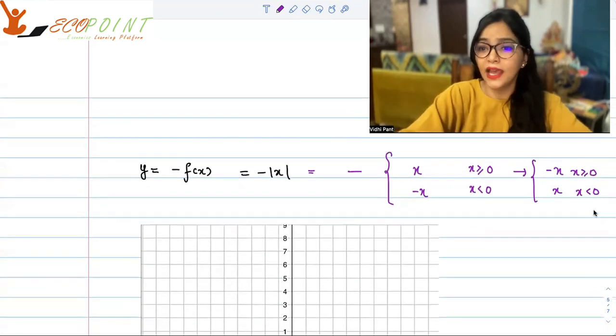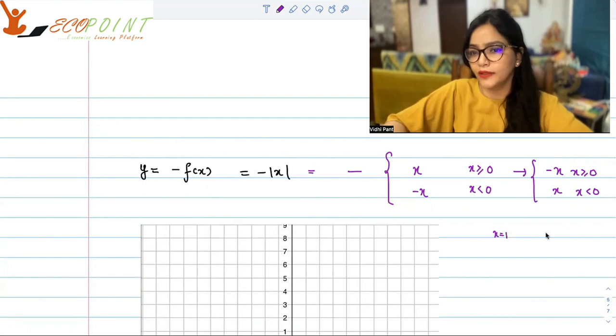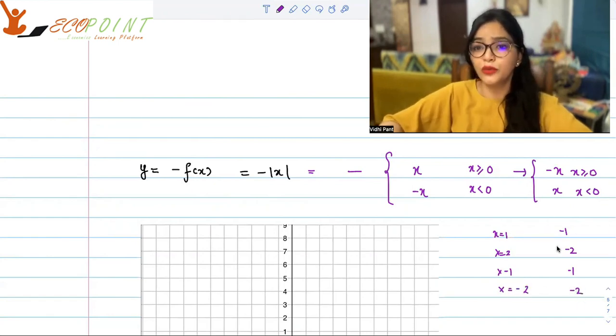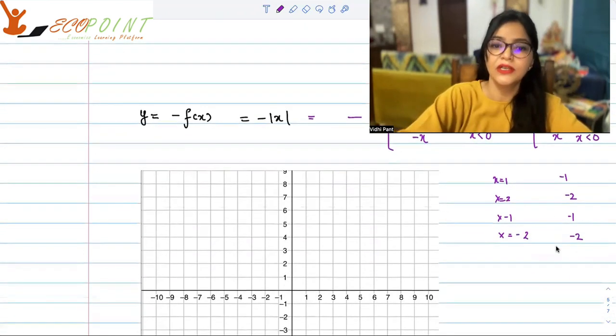If that is the scenario, then can you notice what's going to happen if I give it a positive input? If say I give it input 1, -1 comes out. Input 2, -2 comes out. If you give it a negative input, that is -1, -1 comes out. If you give it -2, -2 comes out. What you're going to notice here is that you will always just get a negative output coming out.